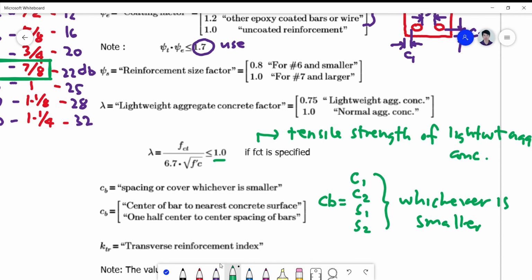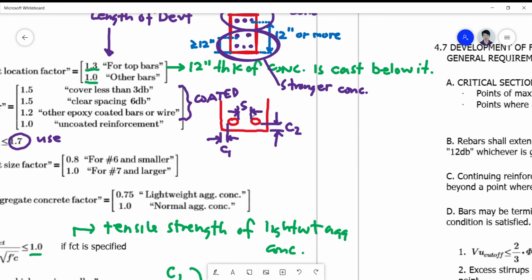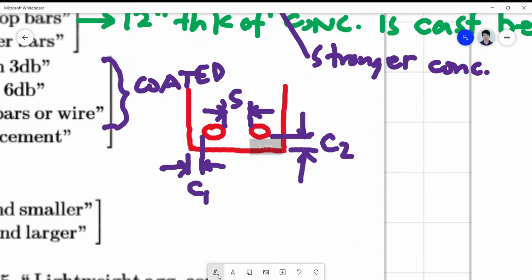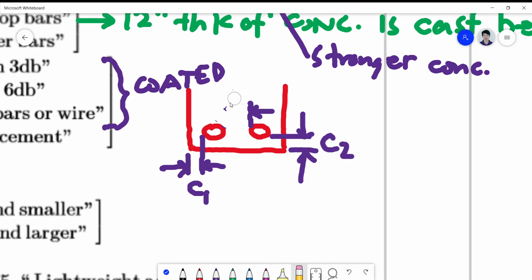So we can readjust our drawing here. Let's just correct it. So this spacing here is not at the surface. This must be at the center. Okay, at the center.